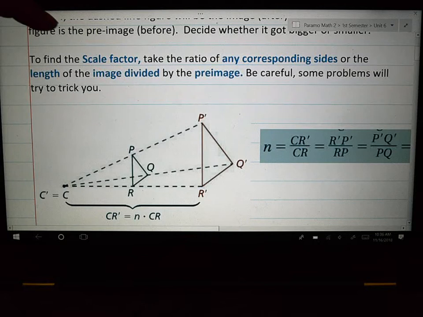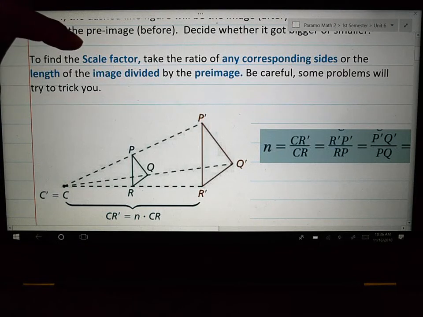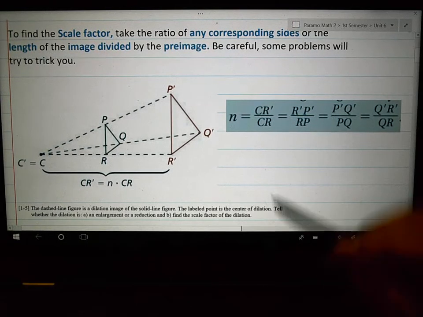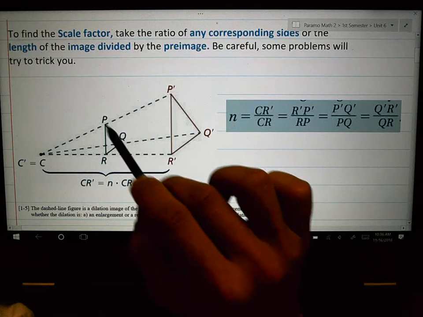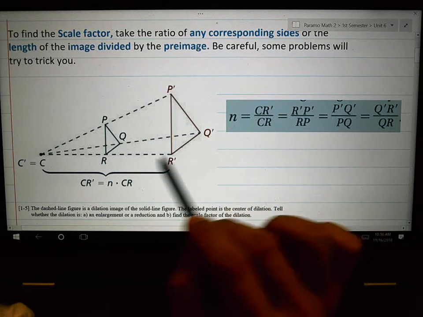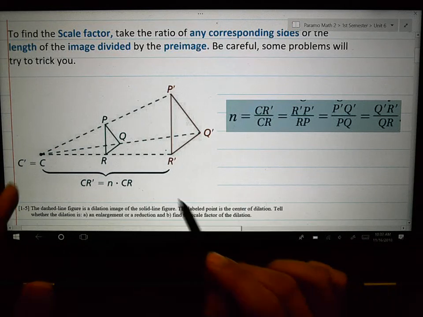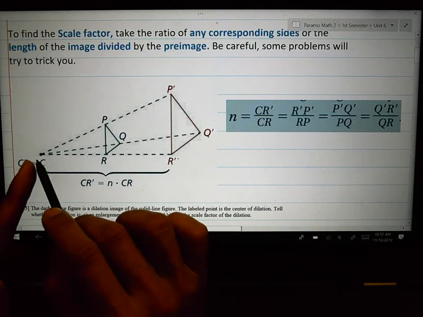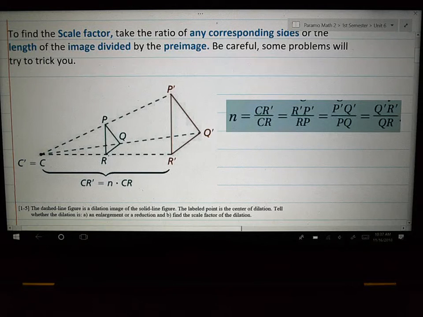And then the part that a lot of students get confused about is the scale factor. How do I find it? How is it used? Well, it can be used in several different ways. The scale factor is this side compared to this side, or even the distance from the center to the image divided by the distance from the center to any vertex.